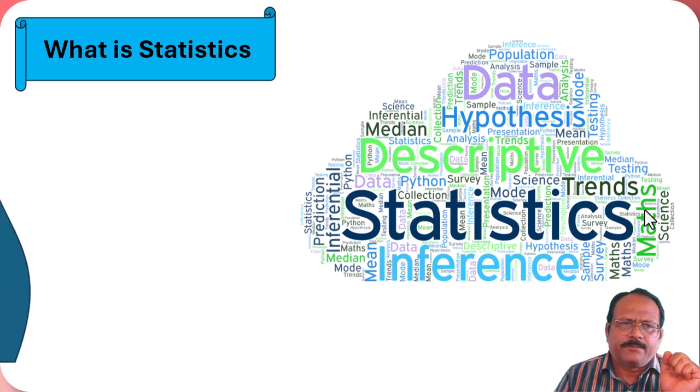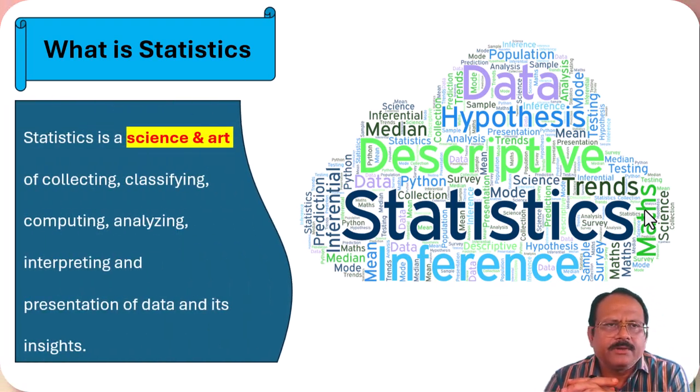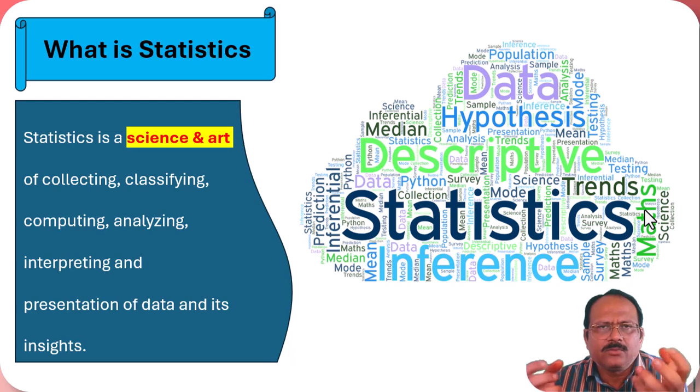What is statistics? If we see the generic definition, it is the science and art of collecting, classifying, computing, analyzing, interpreting and presenting data and its insights. So we collect the data, the science and art of how to collect the data, and classifying it.